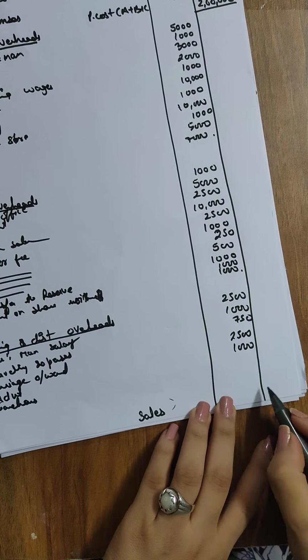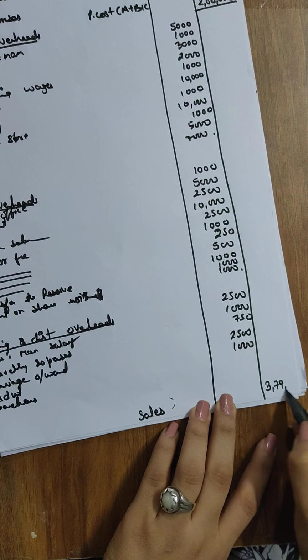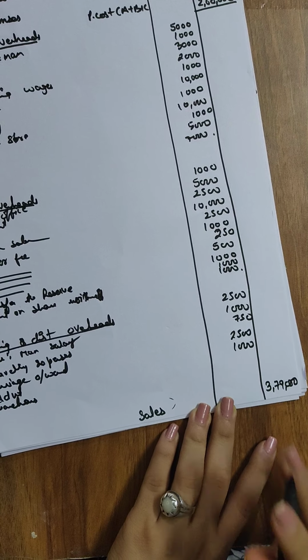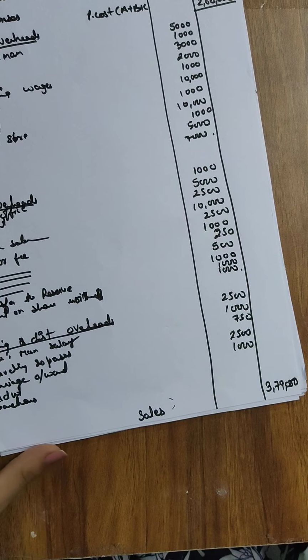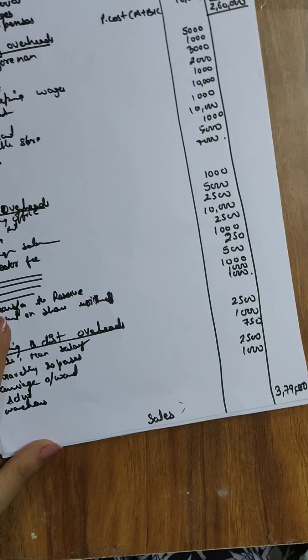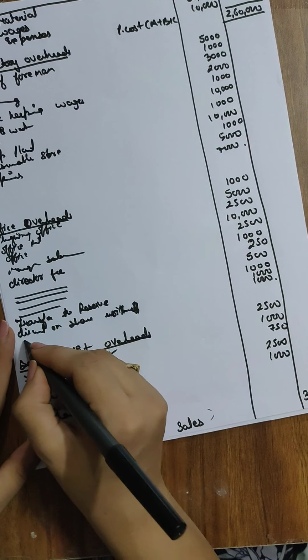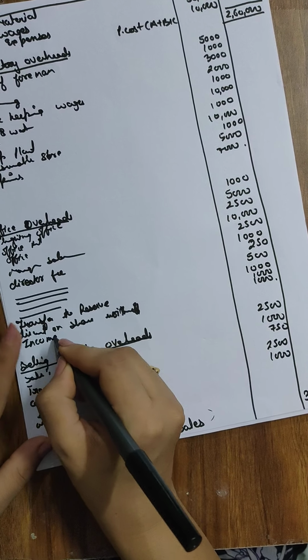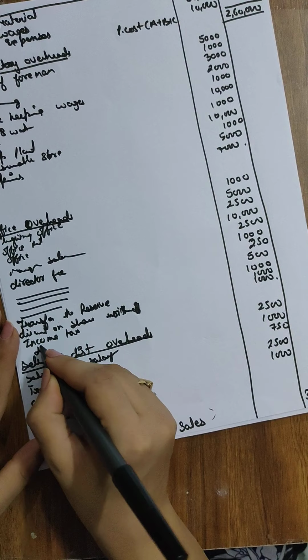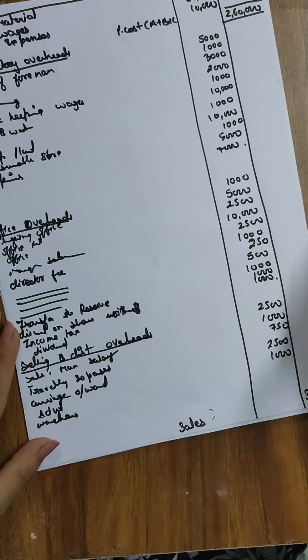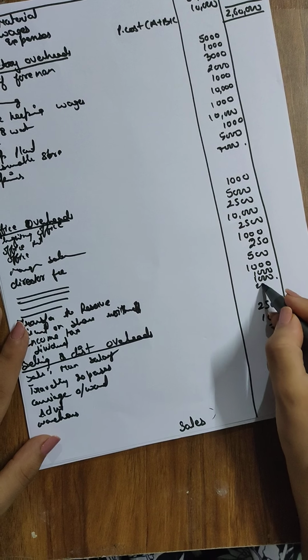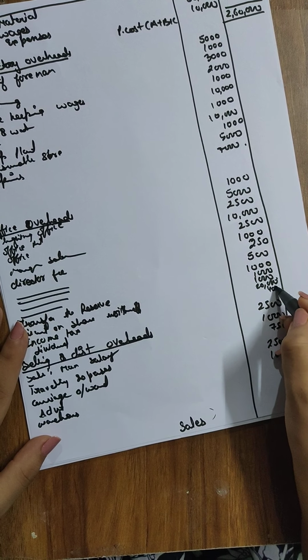It's going to come over here, 379000. And the last things given to us are income tax and dividend. Here I am going to write the income tax under the overhead and dividend under the office overheads. So with this our cost sheet has been made, as a 20,000 and 4,000.